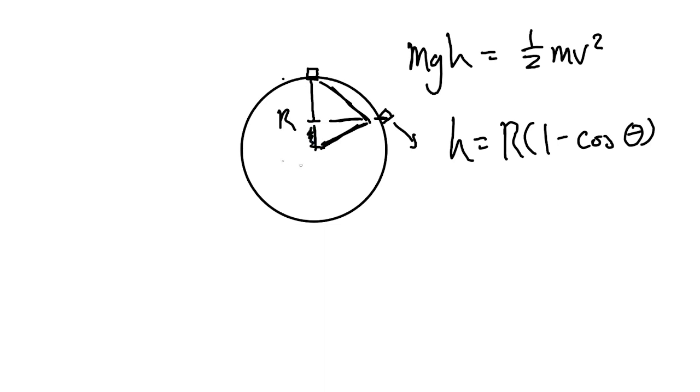This is our r cosine theta, where this is our cosine. And we can say that this is also r. So this is r cosine theta. So we can say that this h is going to be r times 1 minus cosine theta, because it's r minus r cosine theta. Okay, moving on from here.